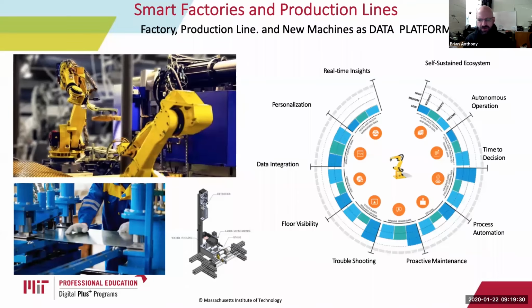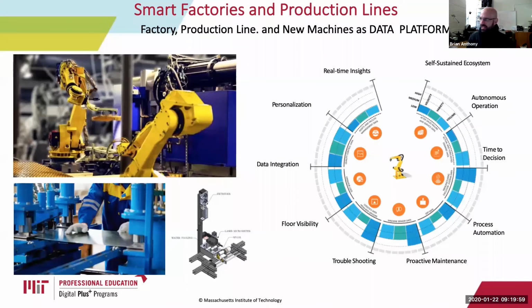You want to integrate different data sources, provide floor visibility into what's going on, do proactive maintenance, troubleshoot things. So all the things that you already need to do on a factory floor, but data, better sensors, better communication, better analytics can help you better plan, have better insight into what's happening, and make information-driven decisions.